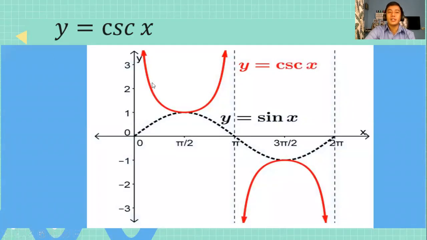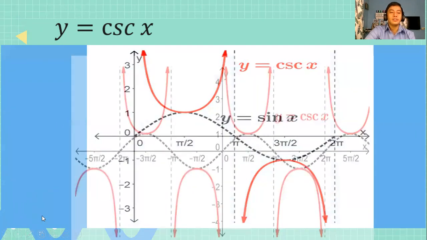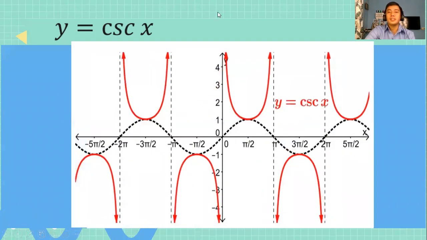Now, this is how the graph looks like. So it seems that we have the red one as our cosecant function, compared to its reciprocal, which is the sine function. Notice that the cosecant function seems to have asymptotic parabolas upward and downward, in which one of the vertices coincides with the vertices of the sine function as well.